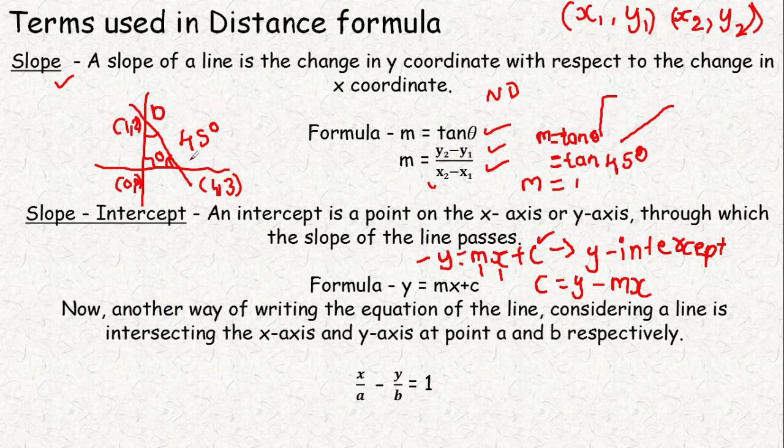Let the one on the y-axis be B, and on the x-axis be A. Then the formula is x by a minus y by b is equal to 1. So we get the equation of the line by this. By knowing either this formula or that formula, we can tell the equation of the line.